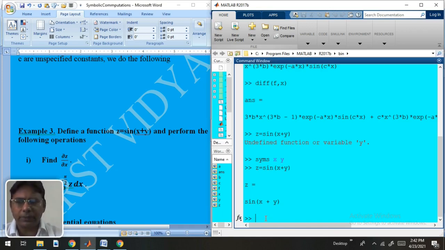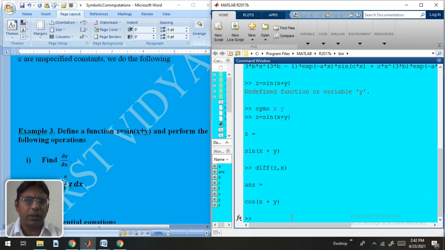So let's take here, we will write diff z comma x, because we are differentiating. There are two parameters here, x and y, so we are differentiating with respect to x. Okay, so this is what we are getting.